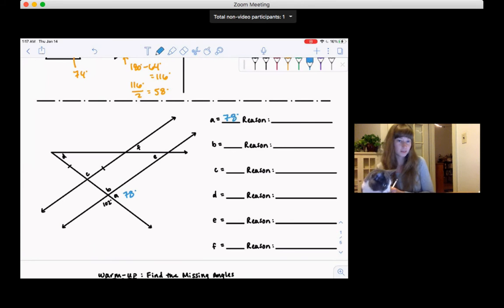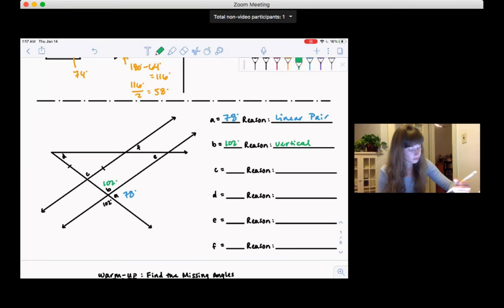And our reason is linear pair. Okay, we can also find angle B using this 102 angle. It's right across from it, so that would be a vertical angle. So vertical angles are equal, so B is going to be 102 degrees by vertical angles.